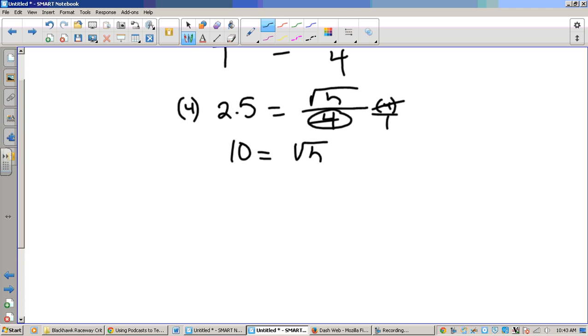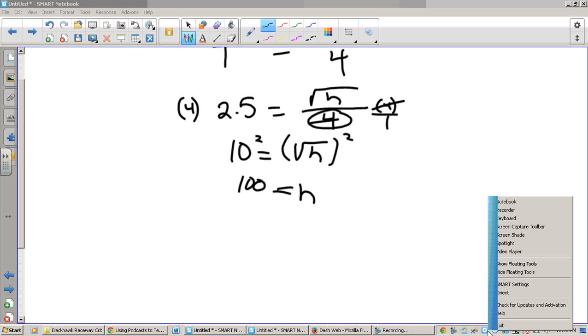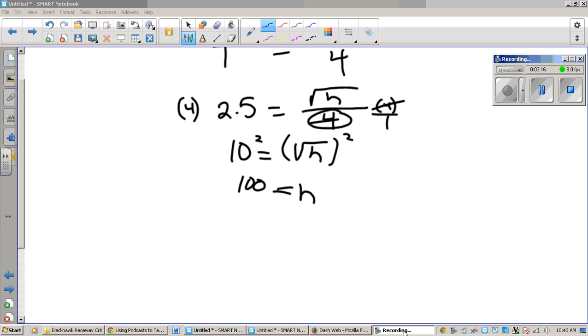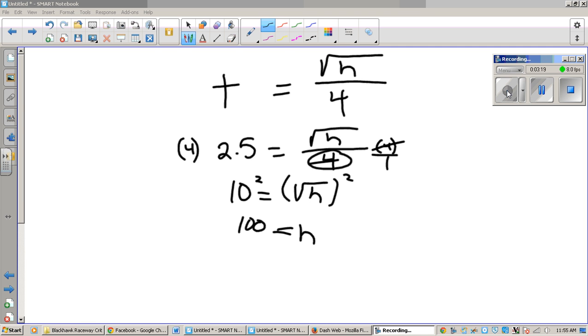To get rid of the square root, we can simply square both sides of the equation. That means h equals 100. That means this was dropped from 100 feet.